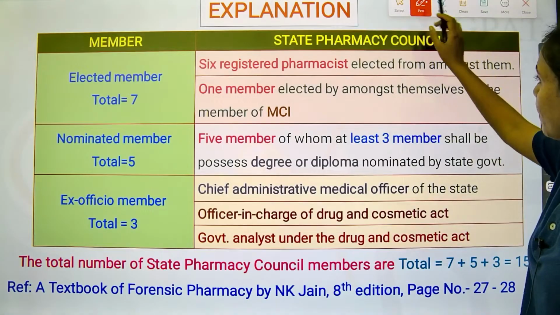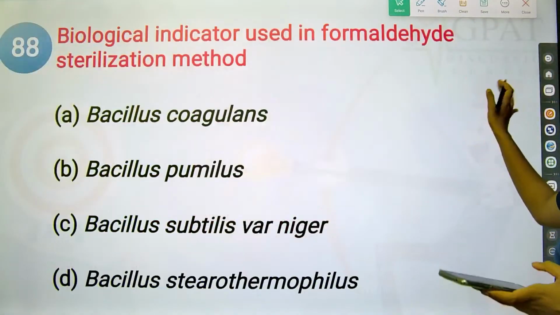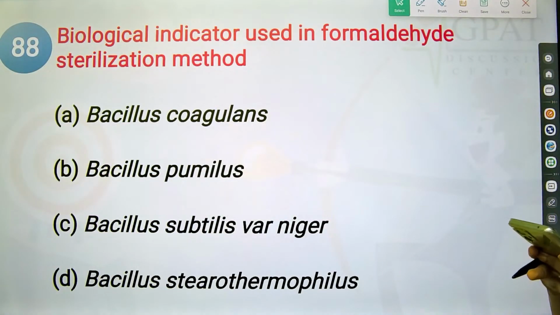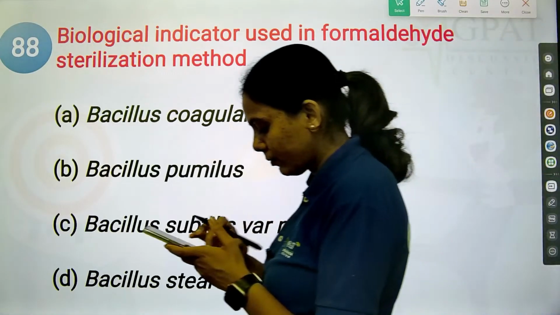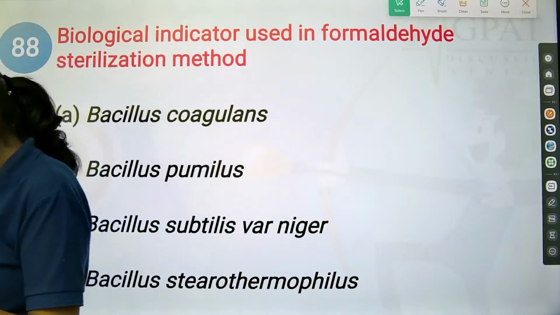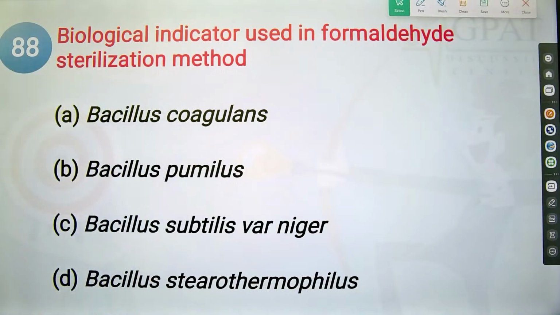Next is, I hope everybody is understanding, the biological indicator used in the formaldehyde sterilization method. Biological indicator which is used: Bacillus coagulans, Bacillus pumilus, Bacillus subtilis variety niger, or Bacillus stearothermophilus.